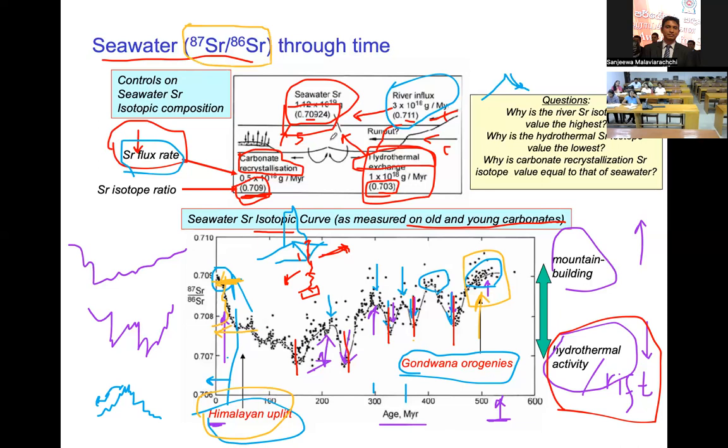These can be reflected very well by strontium rather than other isotopic systematics, because strontium variation is easily reflected by these changes. That's why people look at strontium isotopic compositions in seawater rather than neodymium or other isotopic systems.